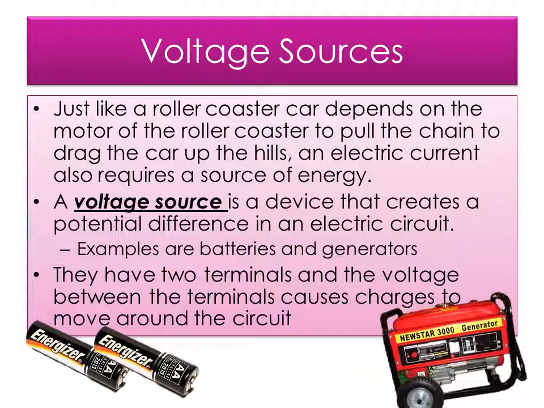So it creates a potential electrical difference, just like the roller coaster. So the voltage between the terminals, or the difference between the terminals, causes charges to move through the circuit. There's a difference between their charges, and that difference causes them to move through the circuit.